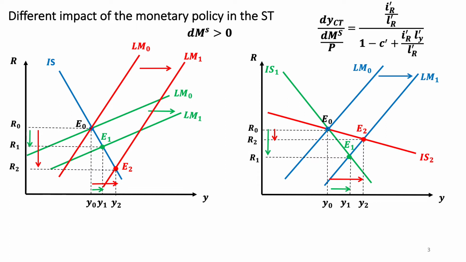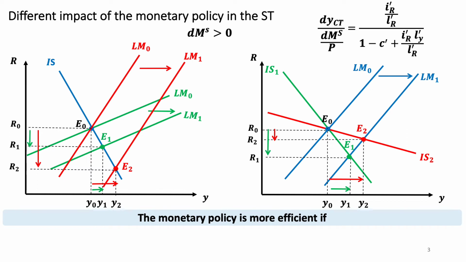So we see that for the same variation of money supply, the economy will reach E2 with a lower decrease in R, but a higher increase in Y because the investment is very sensitive to the interest rates.